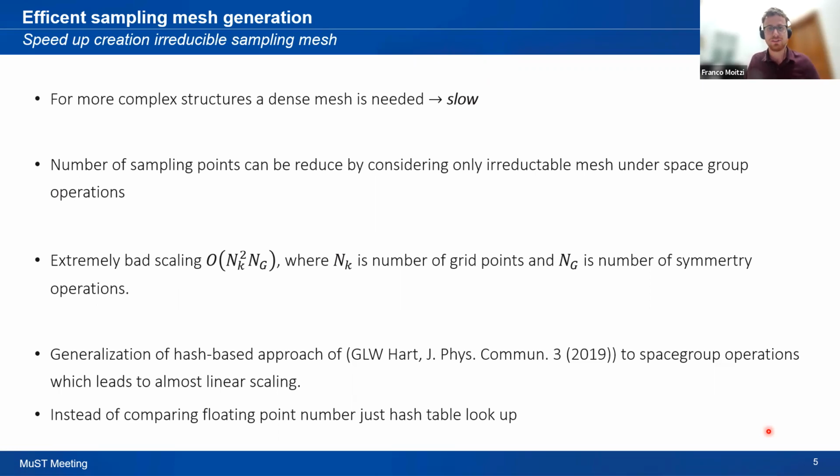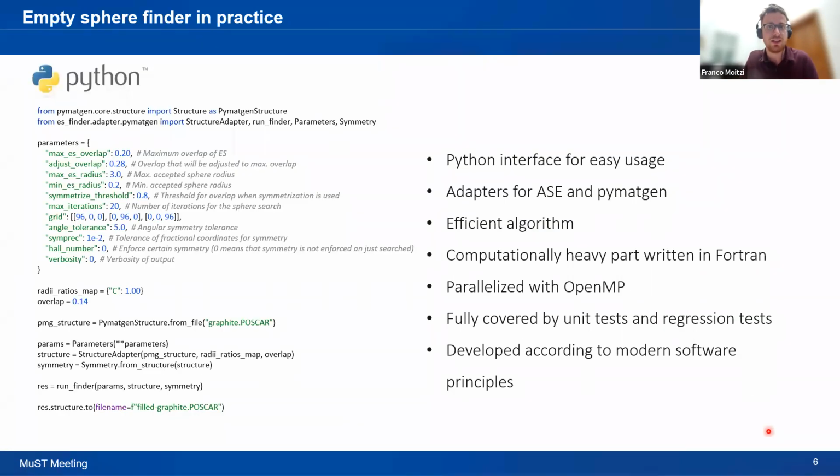Then one doesn't need to loop anymore, and one just needs to check whether one has considered this certain hash already, and then it's a blazing fast algorithm. So in the end, one arrives at a very efficient and fast program.